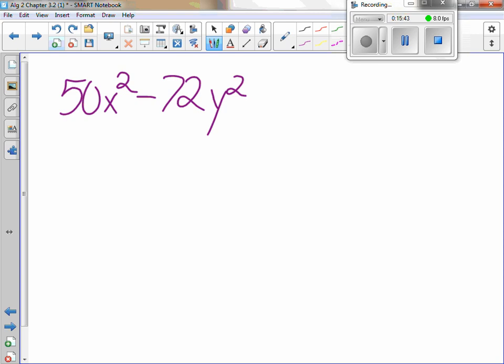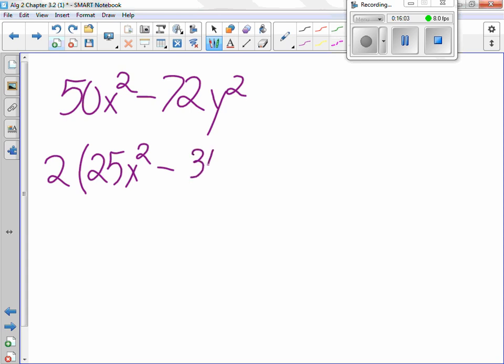Is there a greatest common factor between these two? 2 would work with both of them for sure, yes? So let's factor it out and see what happens. If I factor 2 out of 50, I get 25. Is 25 a perfect square? Yes. 5 times 5, yes? 72 divided by 2 would be 36. Okay, so there are perfect squares, yes?